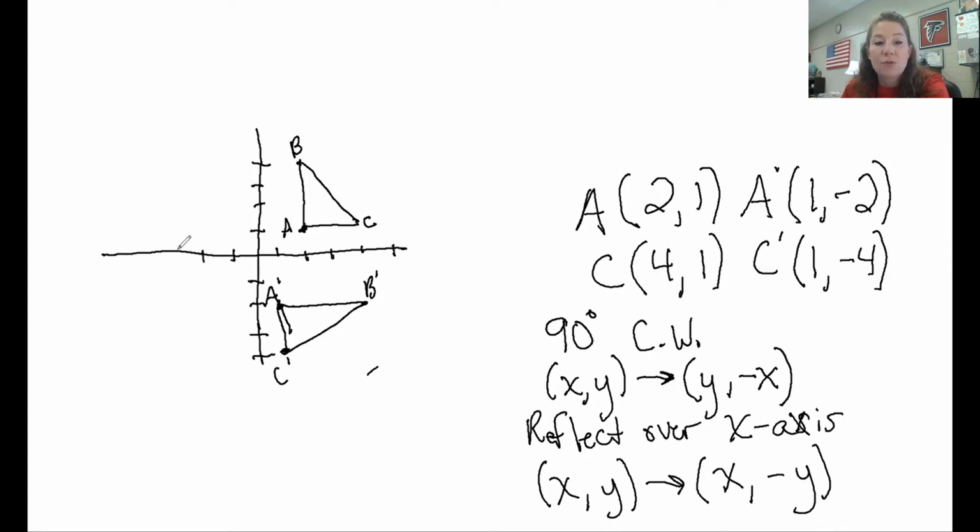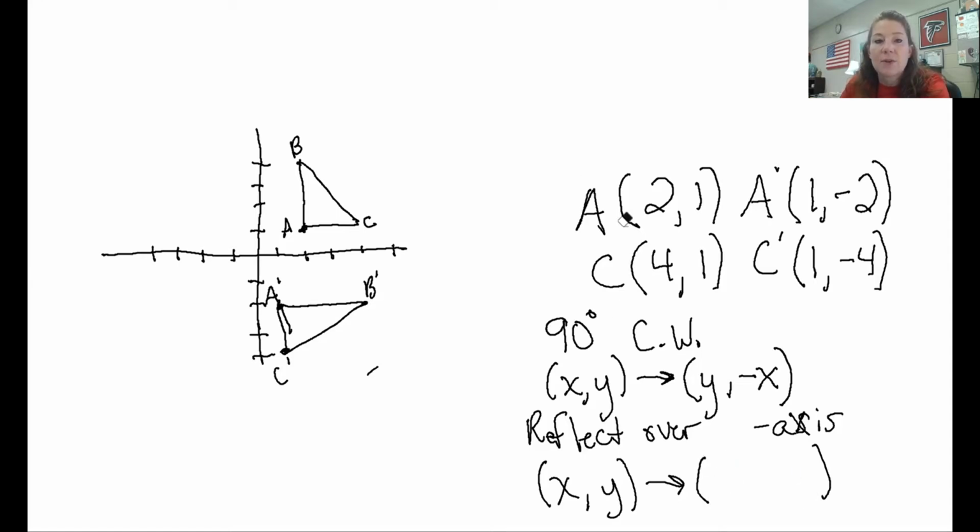So now instead of having 1, -2, we're going to have 1, +2. I didn't think this through. I should have done the y-axis because it's going to be laying on top of this one. So let me do the y-axis. Let me get rid of this.